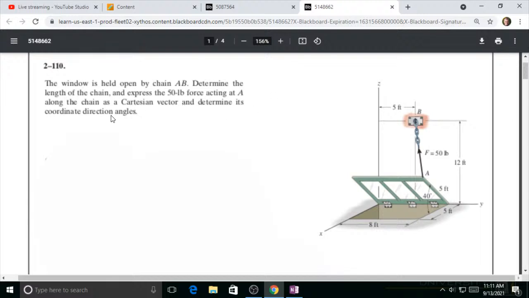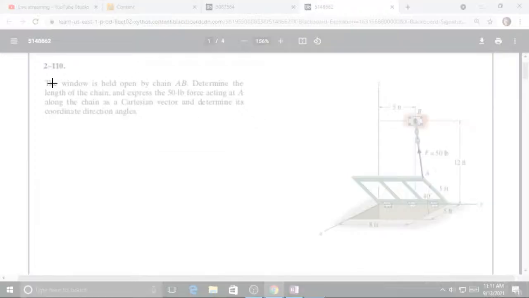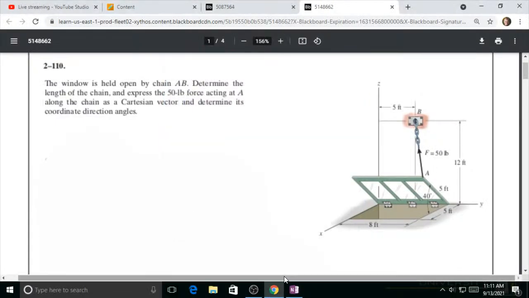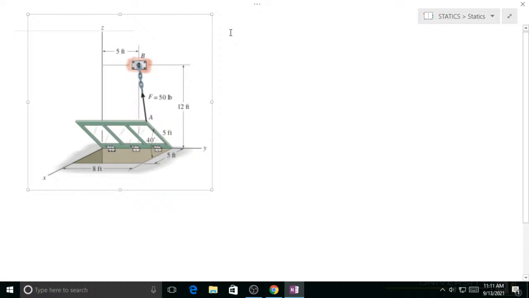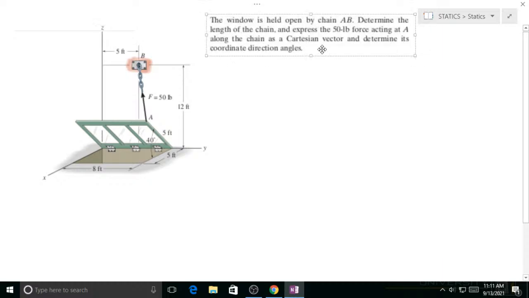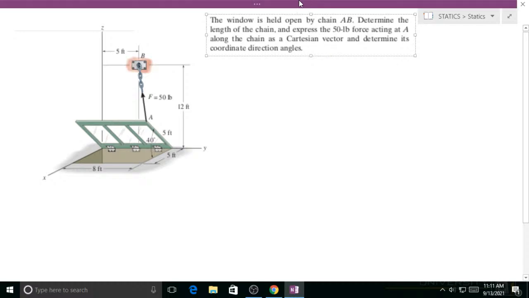Determine its coordinate direction angles. Since the text is there, I'll just grab it, and that way I don't have to go back and forth between those two.